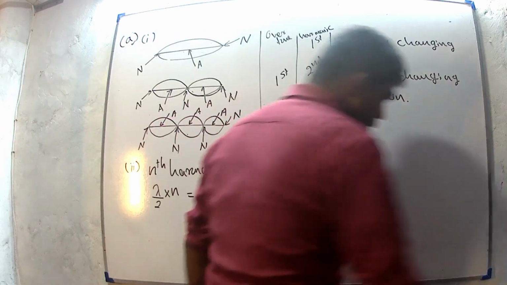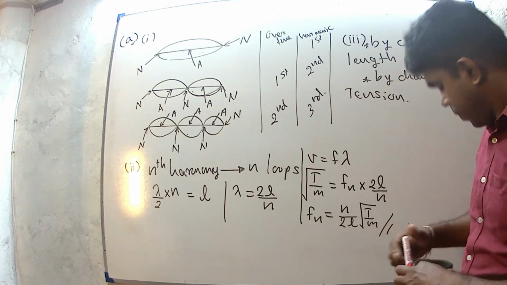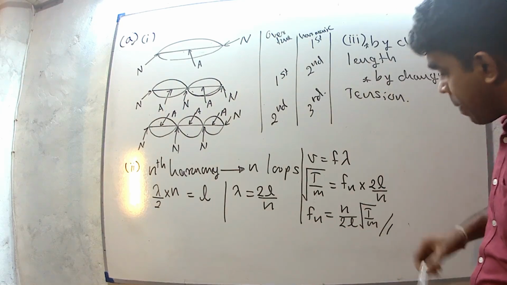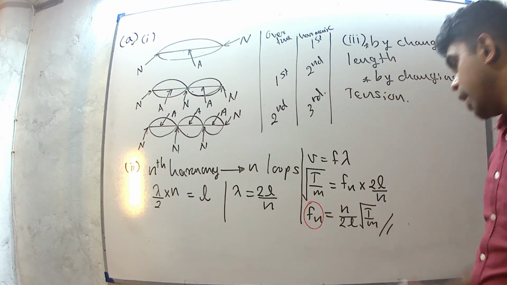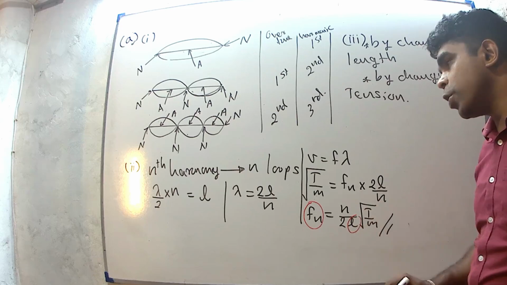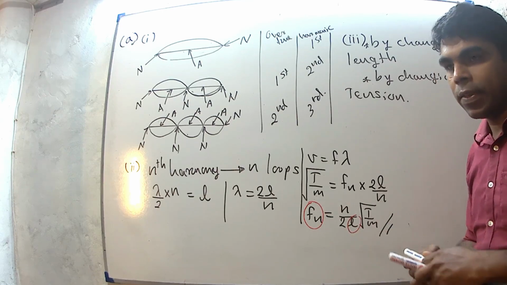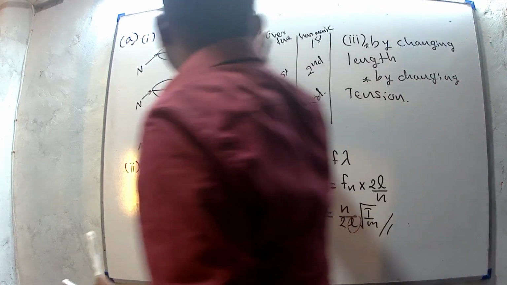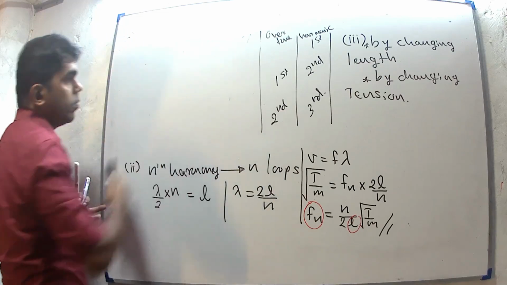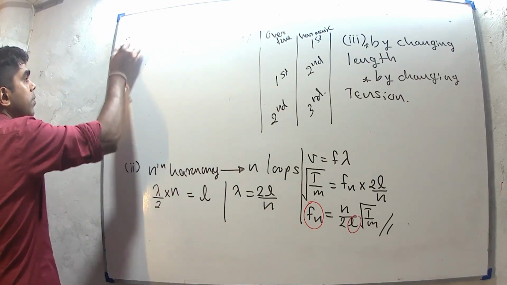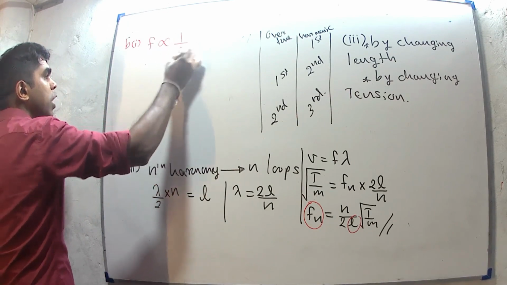We can get that according to this relationship. Fundamental frequency is inversely proportional to length. Therefore, we can write B part 1. Fundamental frequency is inversely proportional to length.